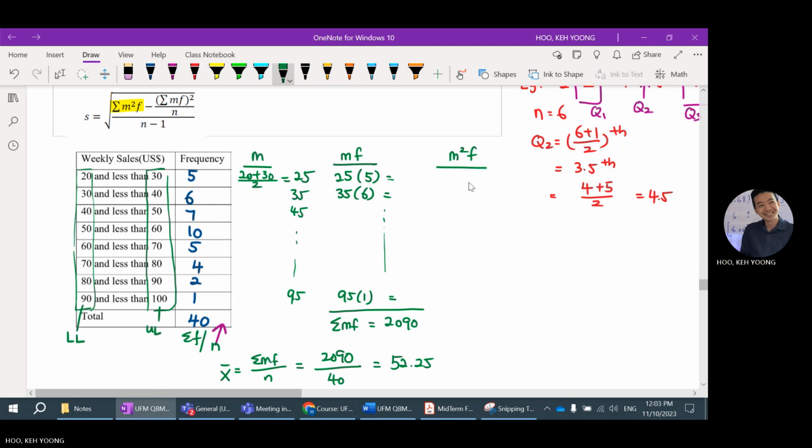Take the midpoint, square it, times the frequency. 35 squared times the frequency, until the last one, 95 squared times 1. So you calculate this column, sum up all the values, you get the total.